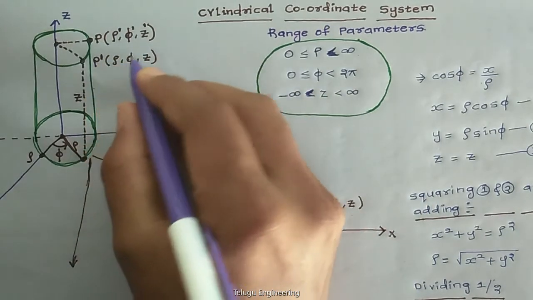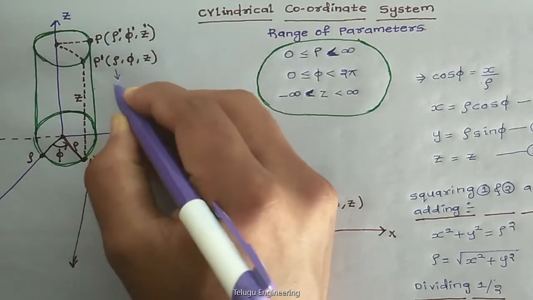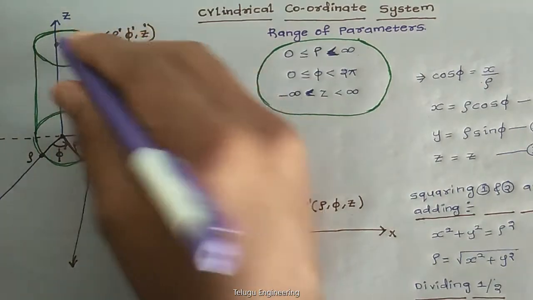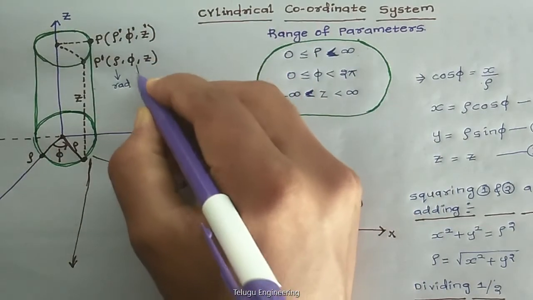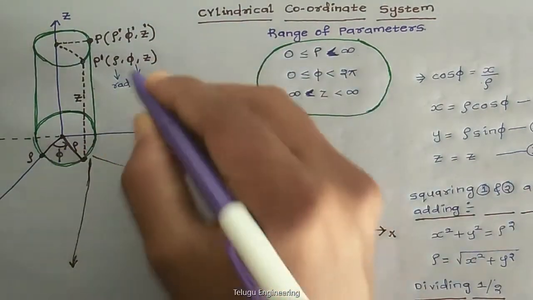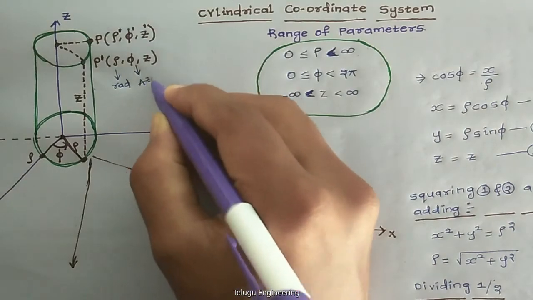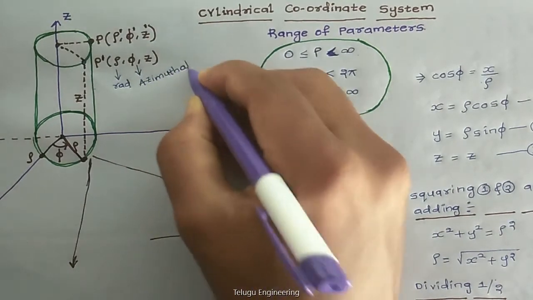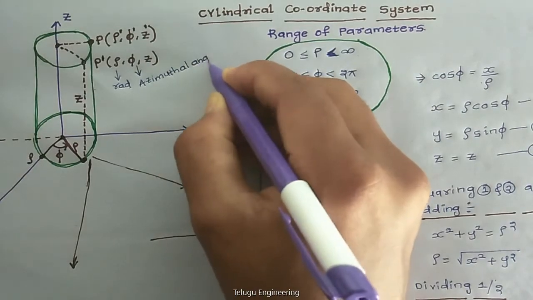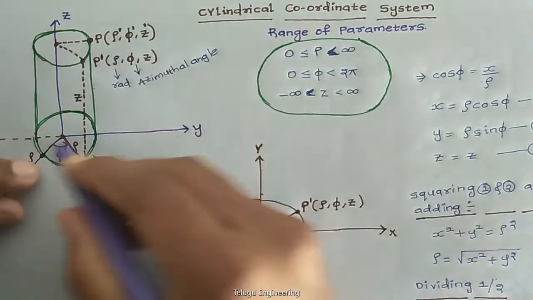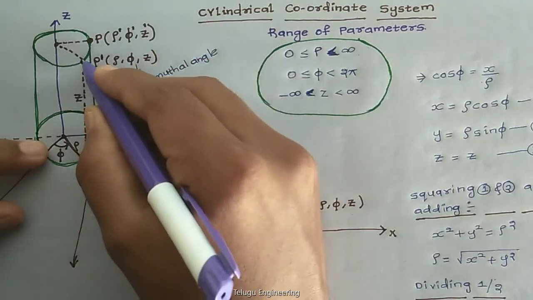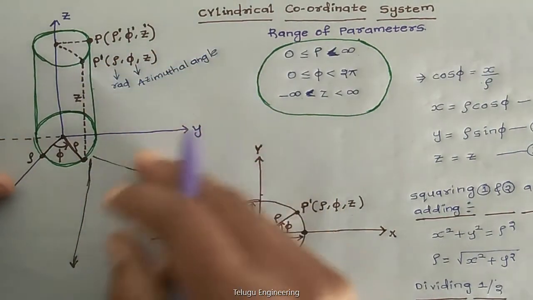We have to represent this in terms of rho, which is nothing but the radius of the cylinder or the radius of any of the circles. Phi is nothing but the azimuthal angle. What is that? This azimuthal angle comes when we extend this particular point to the xy plane.